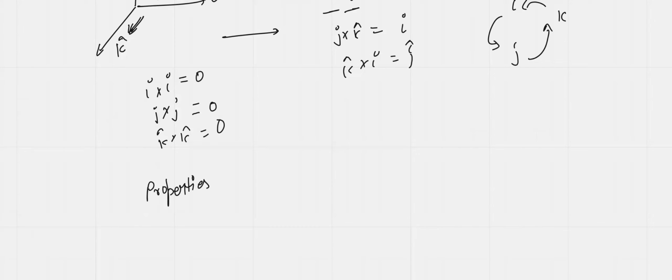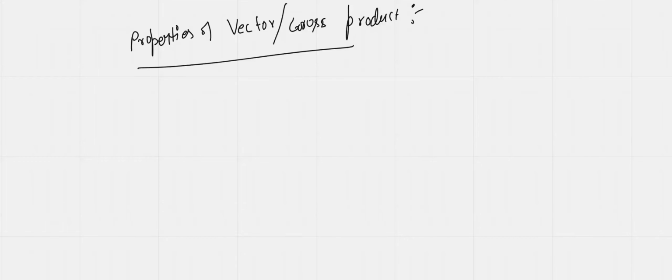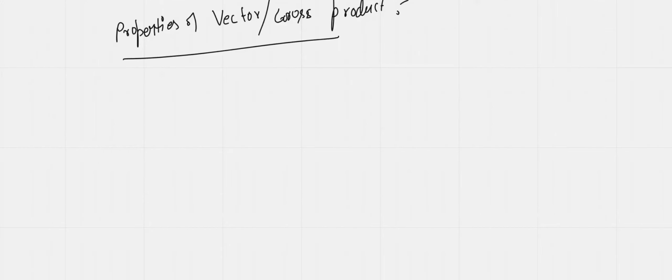So some properties we will discuss: properties of the vector cross product. The first property is that it is anti-commutative. Dot product is commutative; this is anti-commutative.